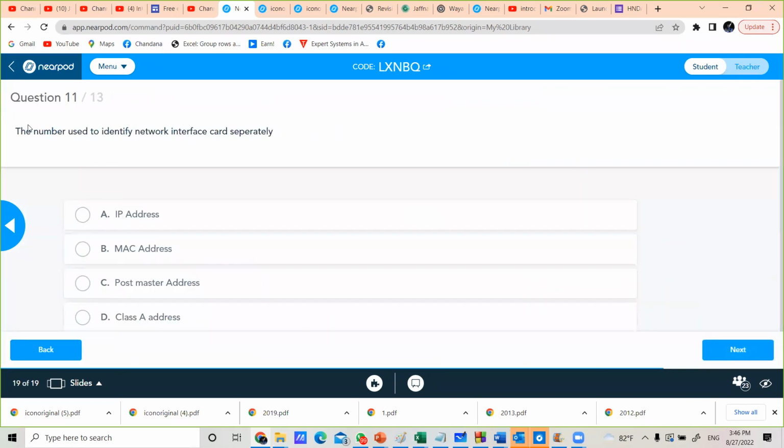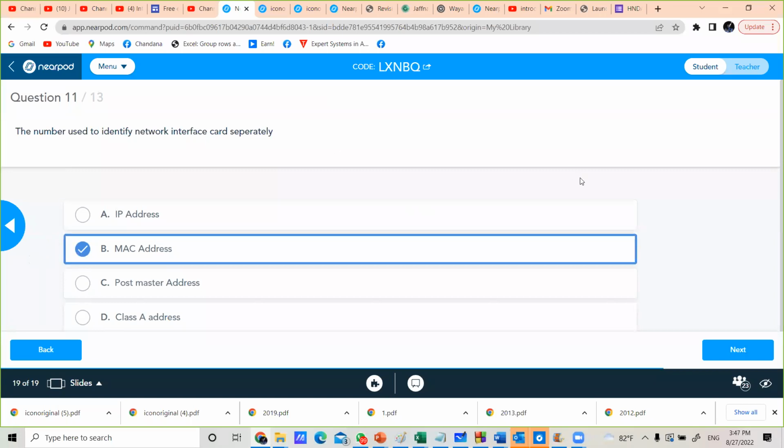Next question: the number used to identify network interface cards separately. We learned that a network interface card has a separate, unique number. It is used to identify each and every network card separately. That is called the MAC address. Therefore, the answer should be the second one, MAC address.